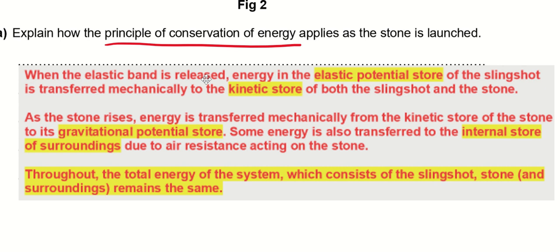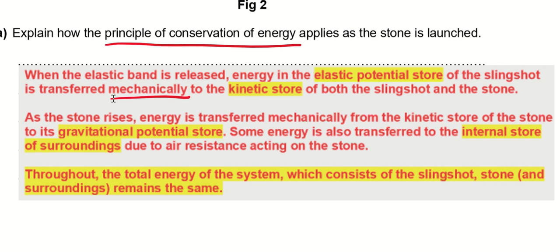When the elastic band is released, energy in the elastic potential store, right, this is actually transferred from the user of the slingshot to the elastic band. Okay, energy in the elastic potential store of the slingshot is transferred mechanically. So you actually need to talk about the pathway, right? Because you are pulling the object at a distance, you are applying a force, and the object moves a distance.